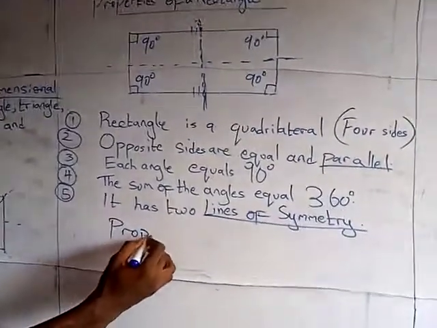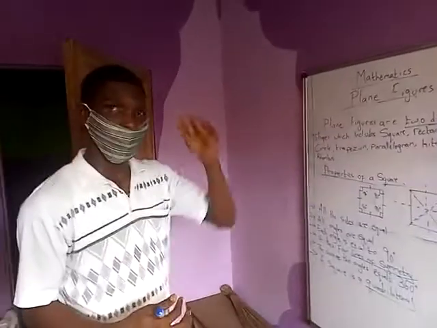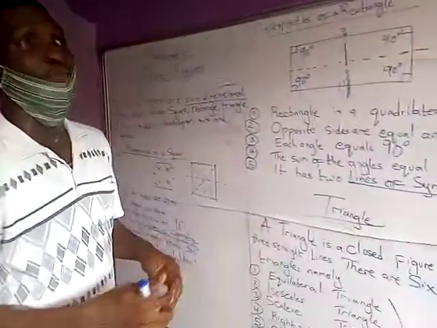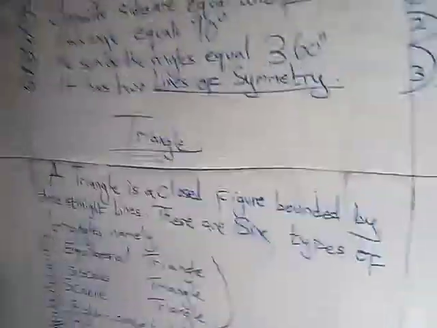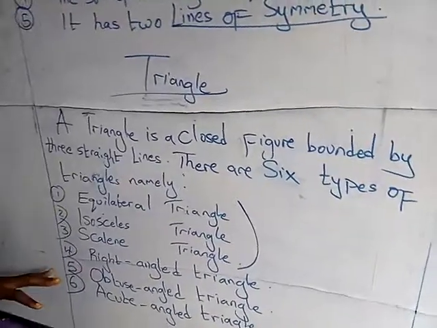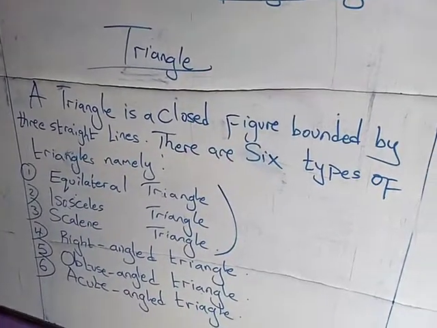So next, we have the triangle. The triangle is very special, other than the square and the rectangle, which are just straightforward. With the triangle, we have different types of triangle. That makes it so special.